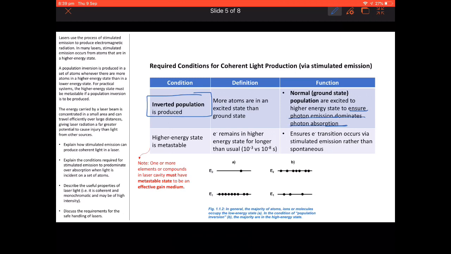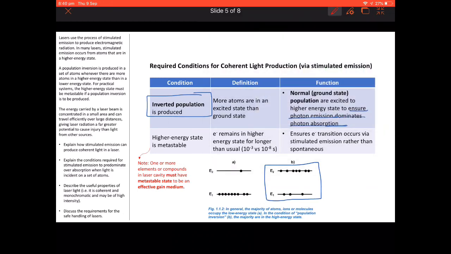If all of your gain medium atoms were in the ground state, they'd be absorbing the photons that have been emitted, and you'd get a net photon absorption throughout your gain medium. So you want your gain medium atoms to generally be in the excited state, so that when a photon is incoming, it causes the stimulated emission.